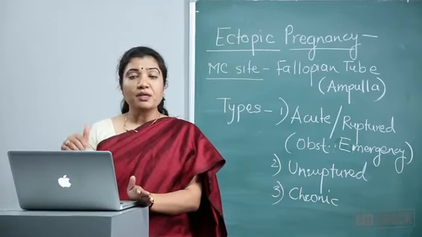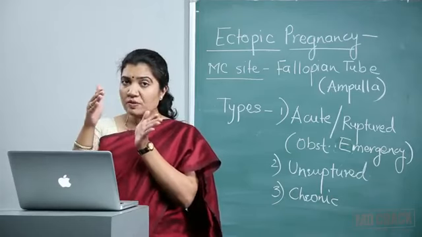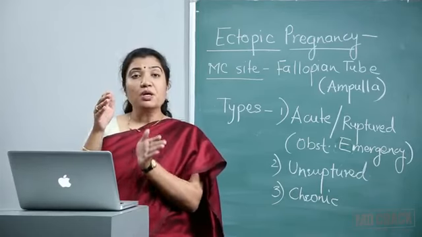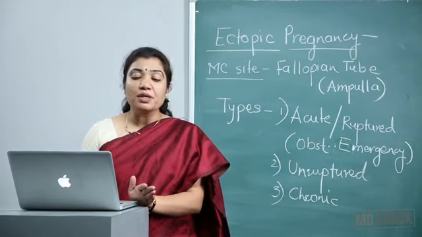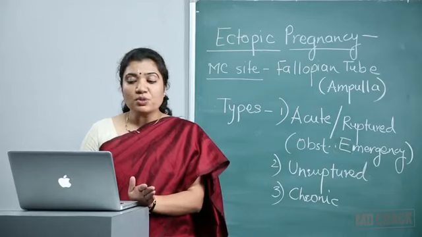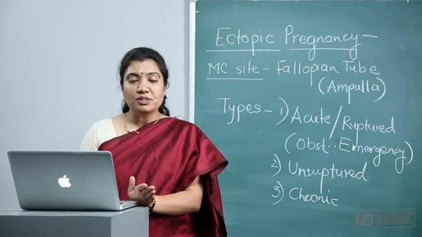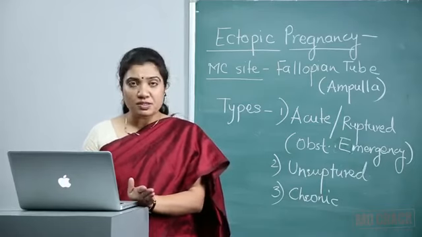Then infundibulum and then the interstitium. Interstitial portion has a long space to distend, so the longest survival of tubal pregnancy is found in the interstitial region of the fallopian tube. Almost till 12 to 16 weeks the ectopic pregnancy can grow there. So that's the longest survival.